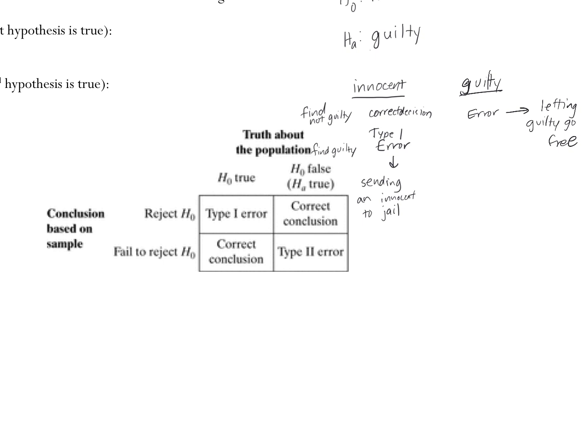So are you guys with me that sending an innocent to jail and letting a guilty person go free are both mistakes, but they're two very different mistakes. Are we comfortable with this idea? Okay, so we call this one type 2.